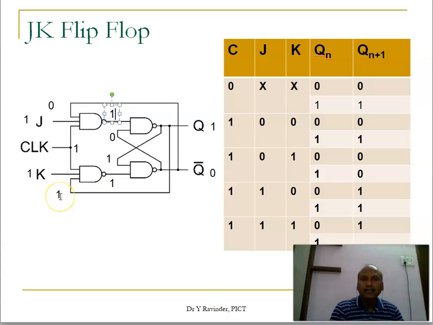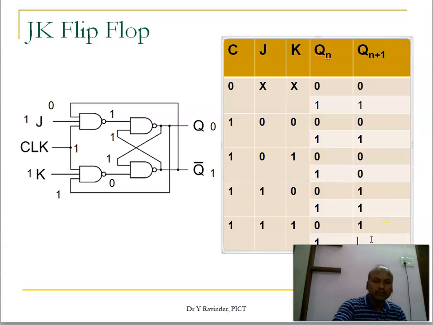This is now 1, 1, 1. This is becoming 0. As soon as this becomes 0, whatever may be the other input, this will be pushed to 1. And when this is 1, this will be 1. So 1, 1, it makes 0. So output will be 0.